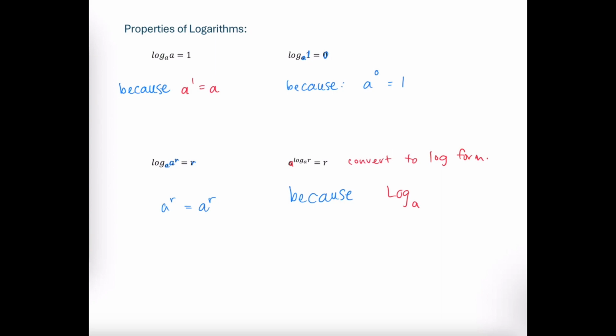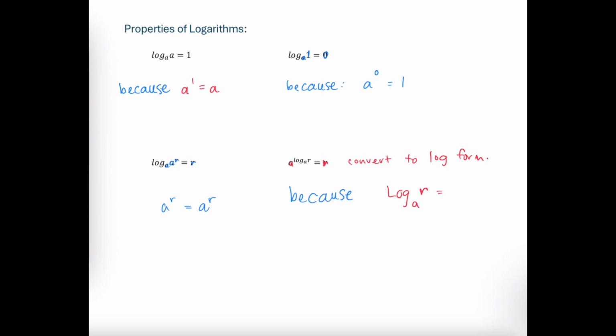What the exponential equation is equal to becomes the argument when we convert it over into log form, and a logarithm is always going to be equal to whatever that exponent was when we were in exponential form.